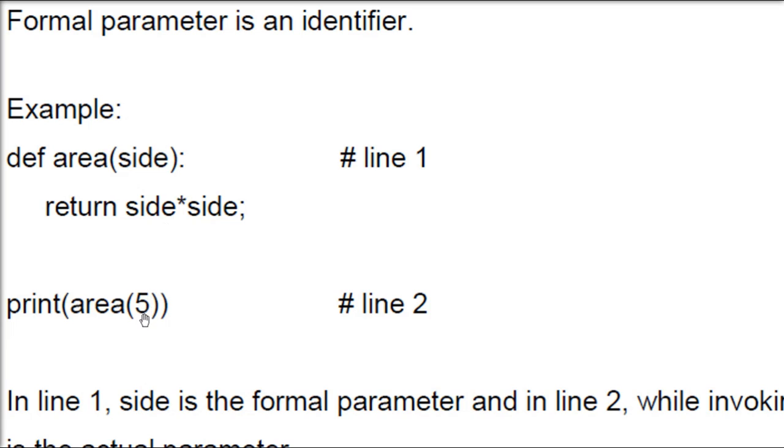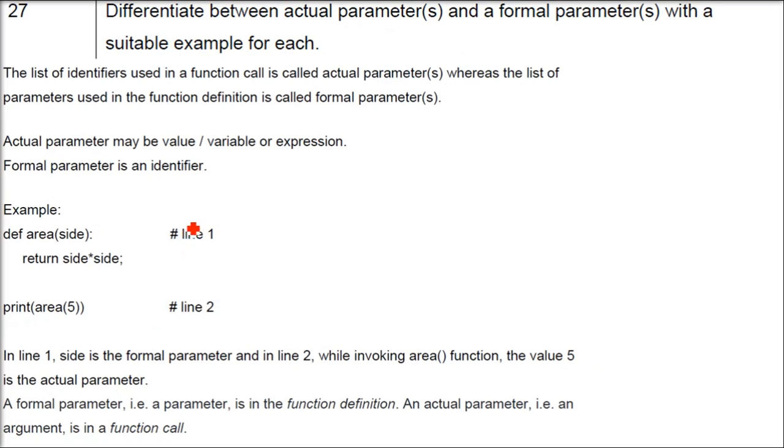When you are passing an actual value, at this time this is the actual parameter. The value which you have defined in your function is the formal parameter.